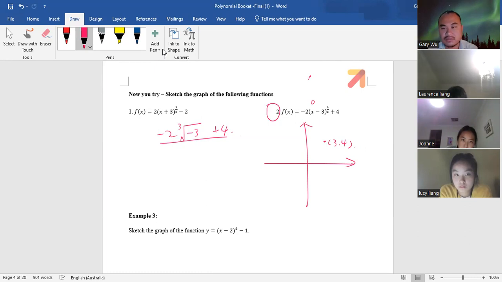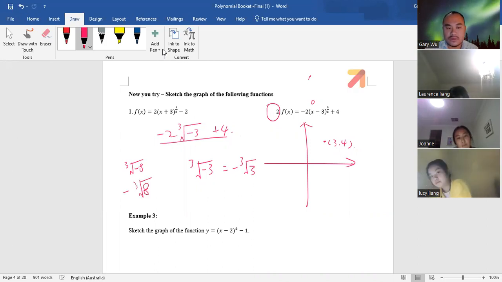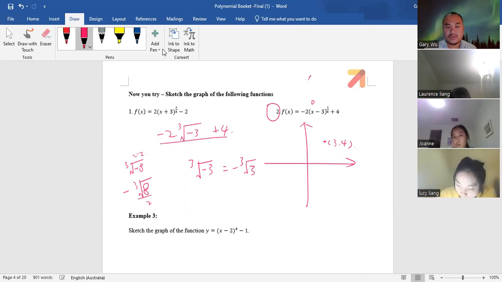So I'm going to teach you some algebra. First of all, the cube root of -a actually equals negative cube root of a, because this is 2 and this is -2, right? So if this is 2, I put a negative in the front, it's the same thing. So this equals this.